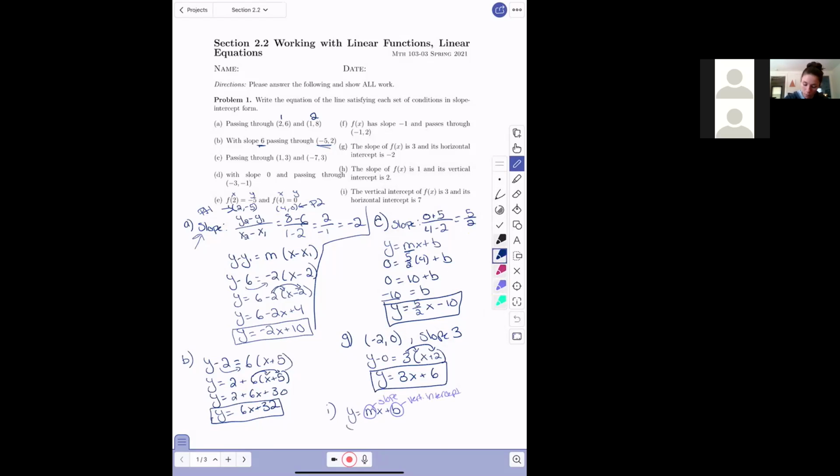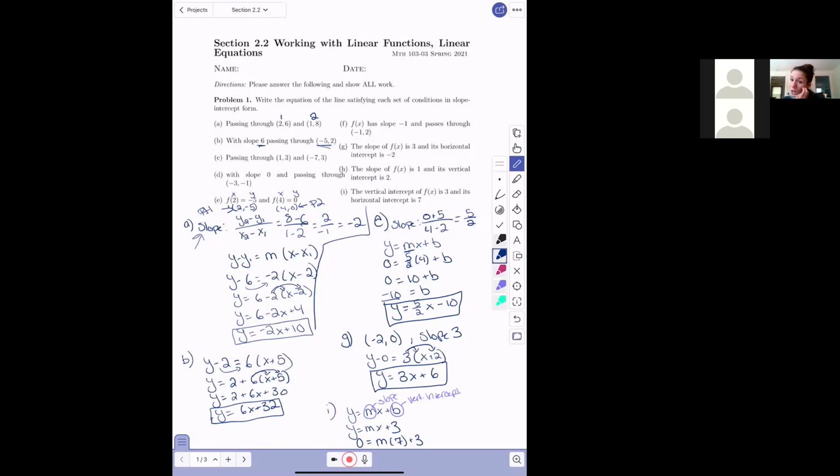So we have y equals mx plus 3. And then we can use the horizontal intercept to plug that in. So the horizontal intercept is 7. So we have 0 equals m times 7 plus 3.